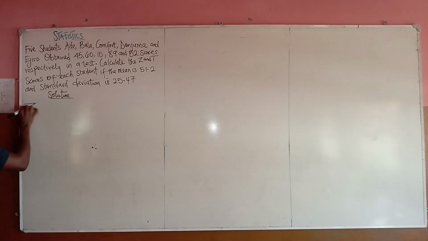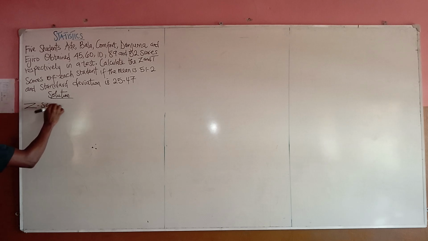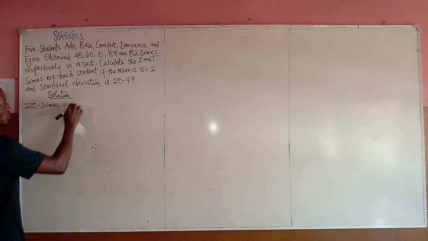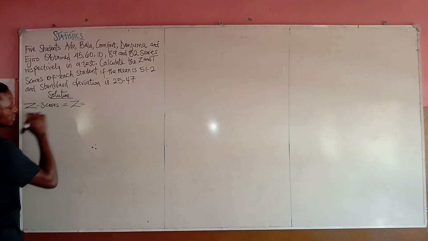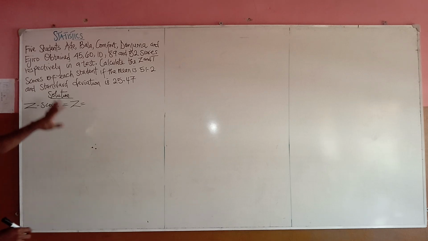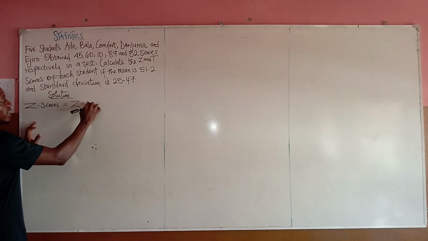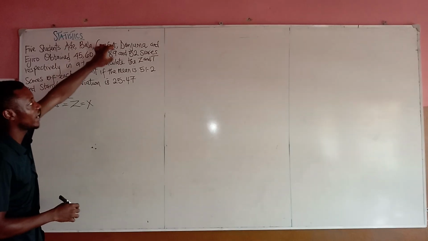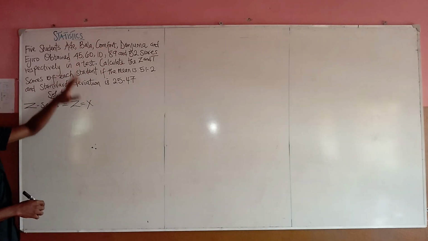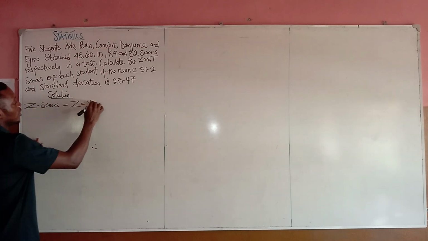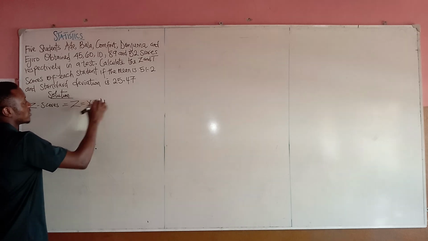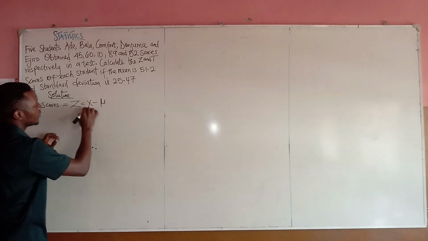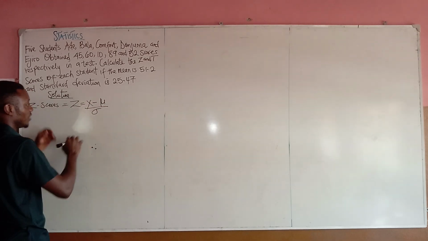Now calculating the z-scores, the formula for finding z-score is z equals x minus mu, divided by sigma, where x is the data of the student, 45, 60, 10, 85, 52. Those are the data, which is x, minus our mean, divided by our standard deviation.